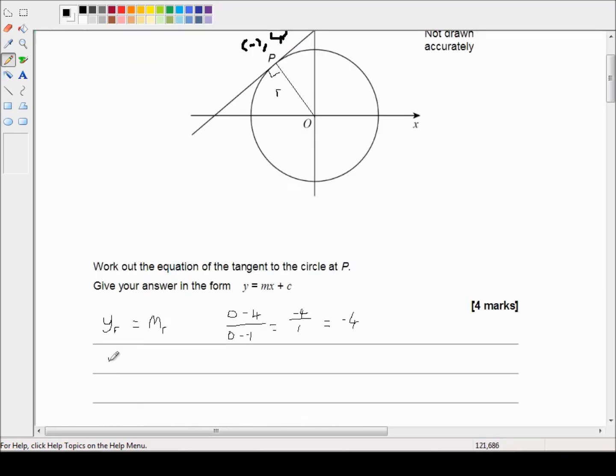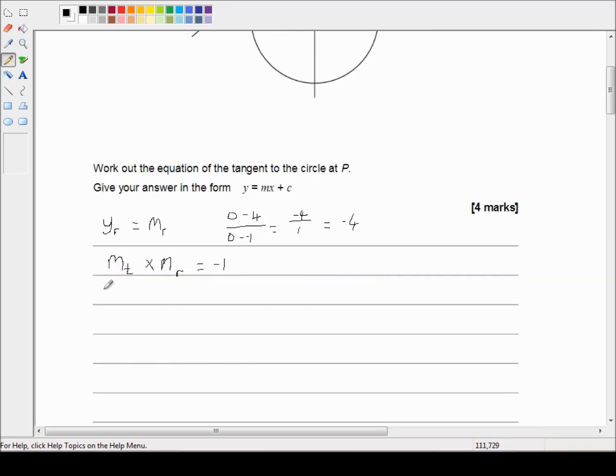So if I say that the slope of the tangent line is m_t, this is just my choice, you could call it Bob or whatever, it's up to you, whatever helps you remember. So m_t times m_r is equal to negative 1. And we know the slope of the radius is negative 4, so negative 4 times m_t is equal to negative 1.